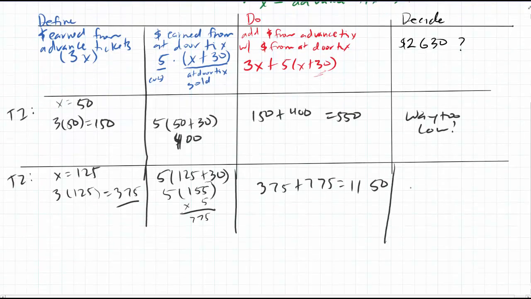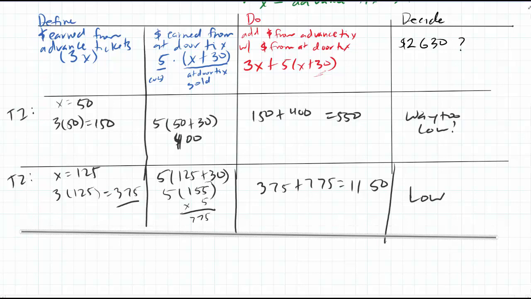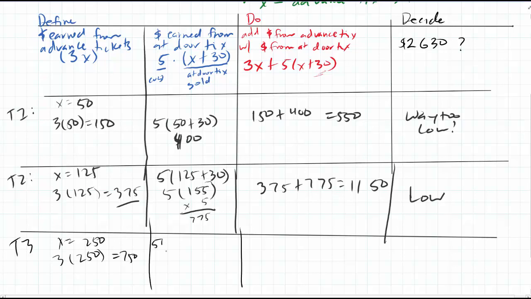It's still really low. I'm going to just double that and say 250. Trial 3: 250. 3 times 250 is 750. 5 times 250 plus 30 is 280 times 5, which is 1,400. So 1,400 plus 750, that's still going to be a little too low.